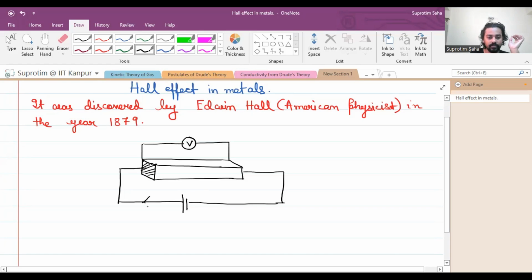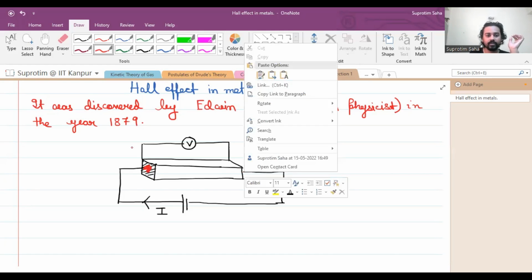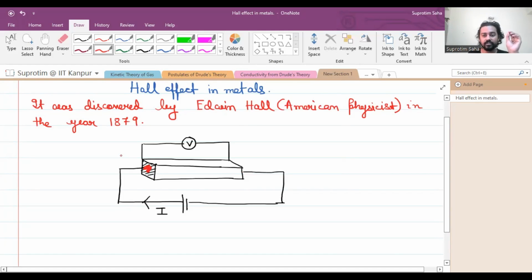So you make contacts on two sides of the conductor, and you send in current and you measure the voltage.